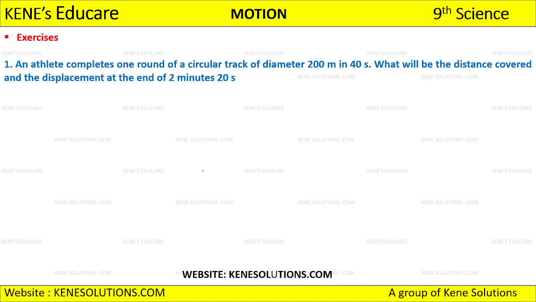An athlete completes one round of a circular track of diameter 200 meters in 40 seconds. What will be the distance covered and the displacement at the end of 2 minutes 20 seconds? What do you think? How will you calculate this?